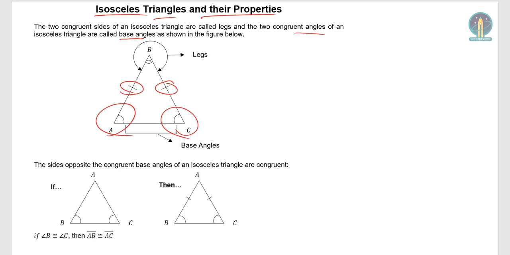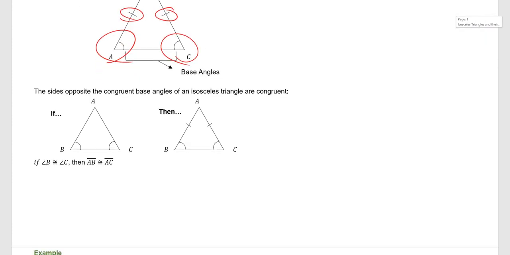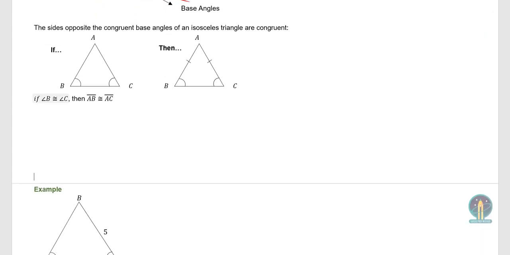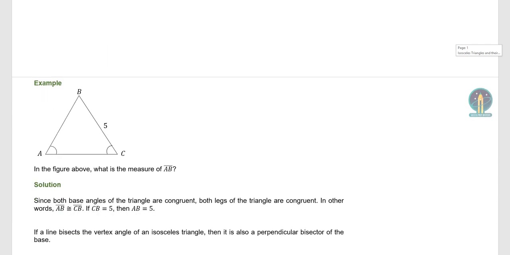The sides opposite the congruent base angles of an isosceles triangle are congruent. So if we start from the base angles now, if angles B and C are congruent, then sides AB and AC are congruent. Then we know it's an isosceles triangle.